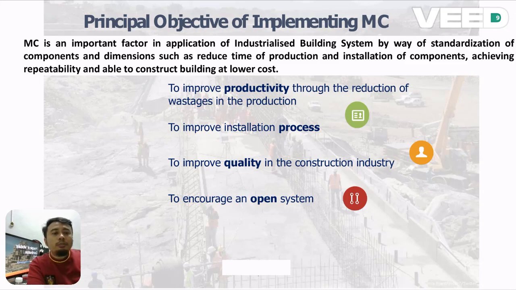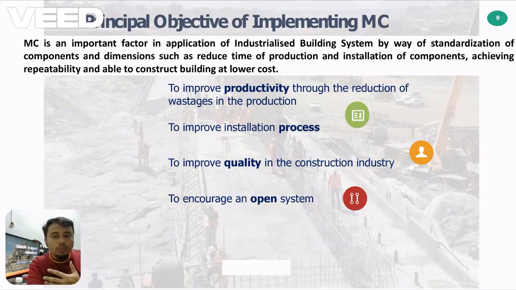So the main objectives of MC are to improve productivity, reduce waste, streamline installation, and enhance quality. It also encourages an open system, meaning components from different sources can be assembled together. So in Malaysia, MC plays a very key role in the industrialized building system (IBS).